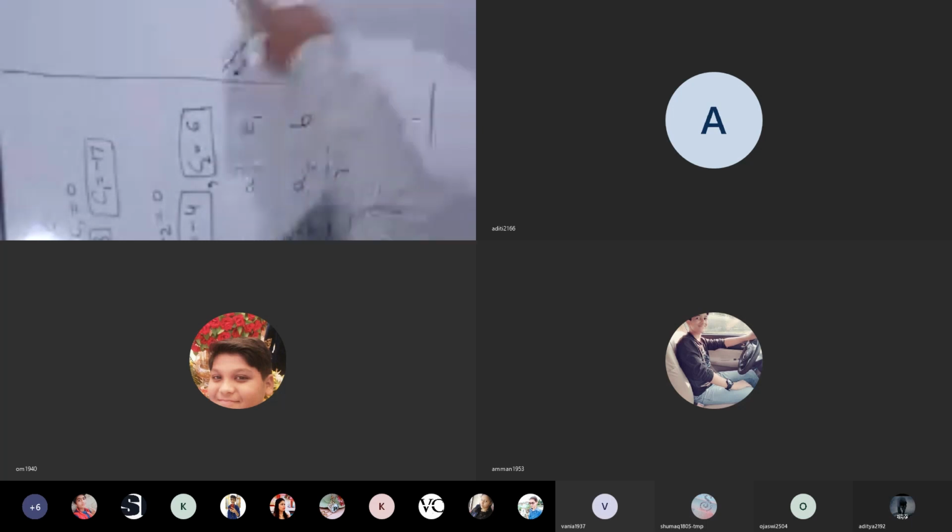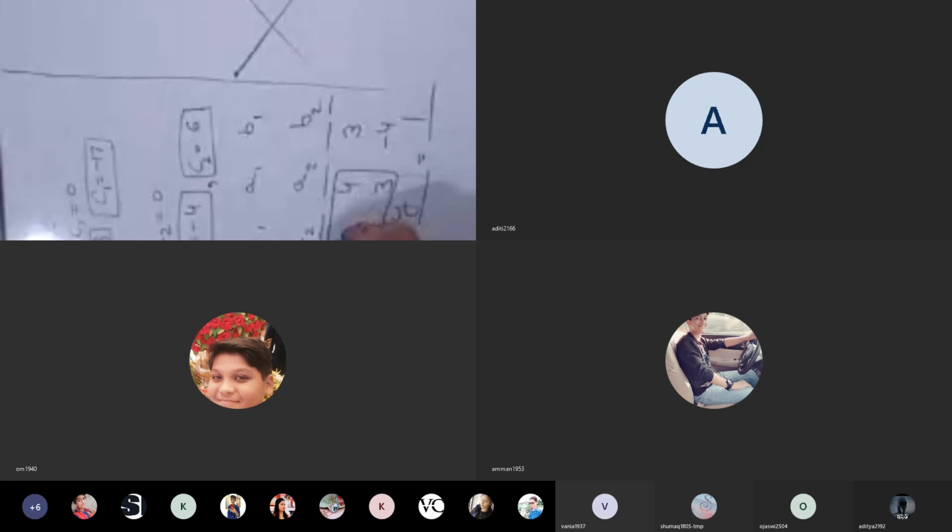In this also you have to use the cross multiply method. 17 into 3, this is a minus sign, so minus, we will do 17 times 3, which is 51. Like this we have done. Now we have to do like this, multiply these, but the rule is you have to put the minus sign by yourself. Now 4 into 6 will be 24. Clear?